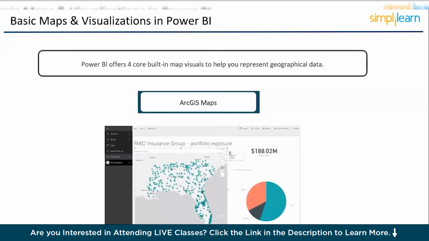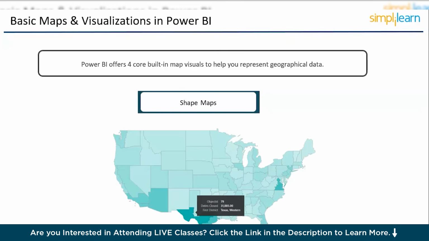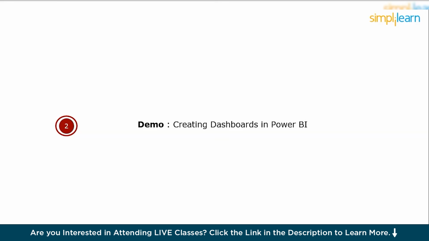It has many more features as compared to a simple bubble map and filled map that we have seen. Last one is shape maps. Shape maps are good for highlighting. In the shape maps, we cannot have data labels and it can only highlight or color the region which we add in. Let's begin with creating charts and reports in Power BI.